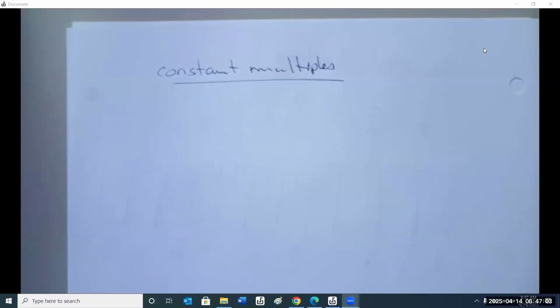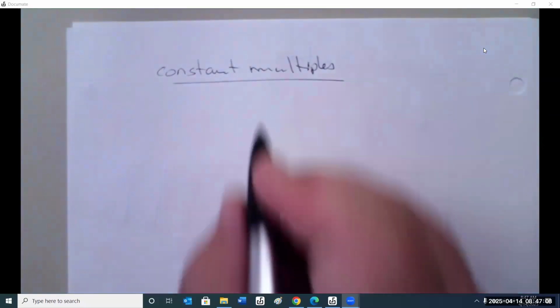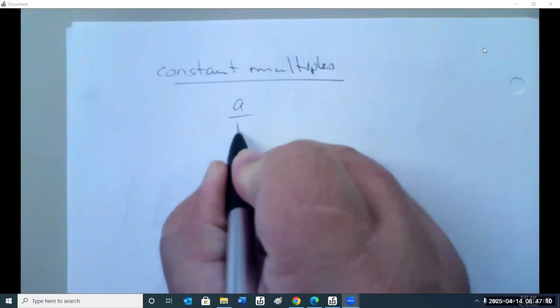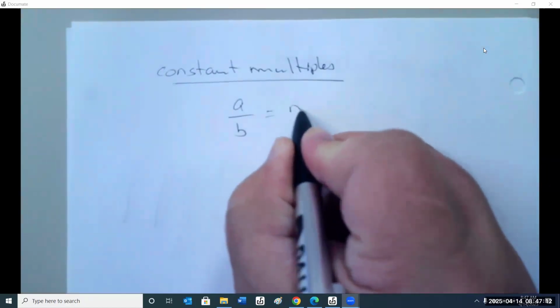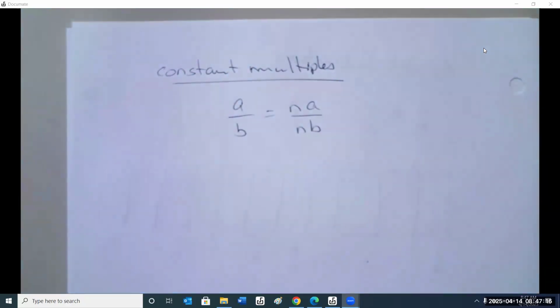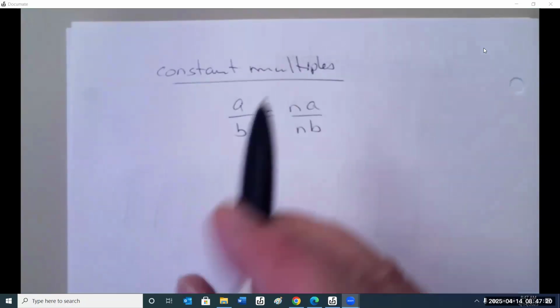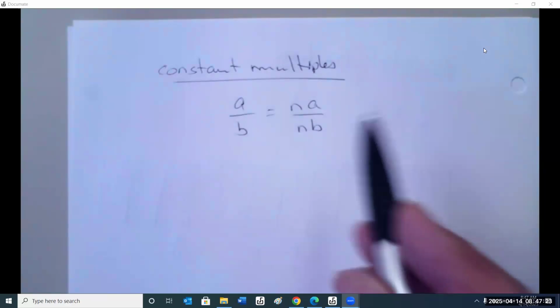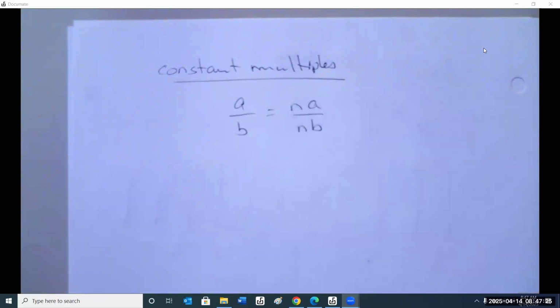Constant multiples. What is a constant multiple? No, it means it's a solid number. Constant multiple simply means that if I have number A over B, and I multiply both top and bottom by the same number, I get the same answer as I started off with.